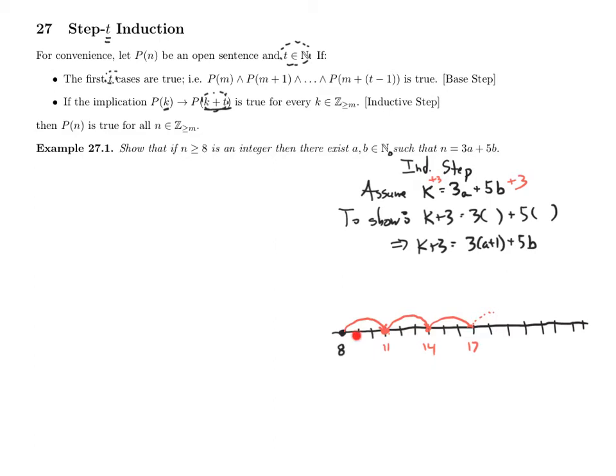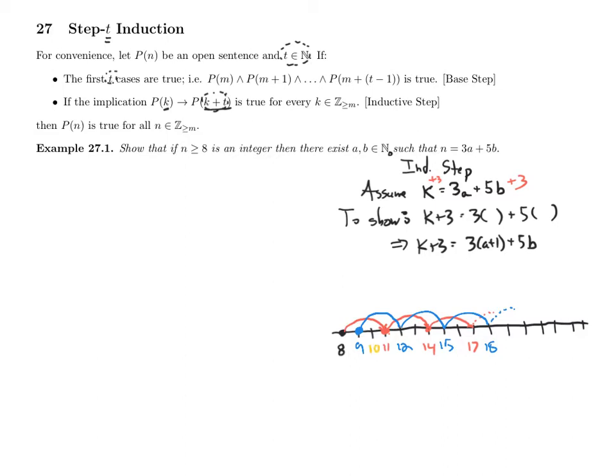But we're missing all of these values here, 9, 10, 12, 13, etc. But if we think about it, if we can show it's true for 9, then we can separately plug that base case into our machine, and we get 12, 15, 18, etc. And similarly, we can do a base case for 10.